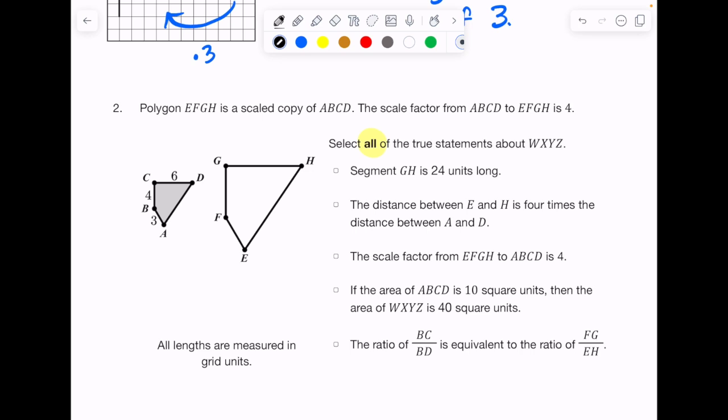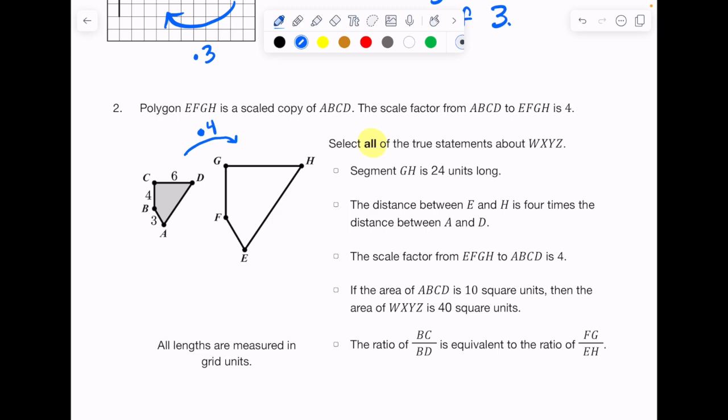Okay, so it says polygon EFGH is a scaled copy of ABCD. The scale factor from ABCD to EFGH is 4. So from ABCD to EFGH, we have a scale factor of 4. Okay, so it's getting larger.